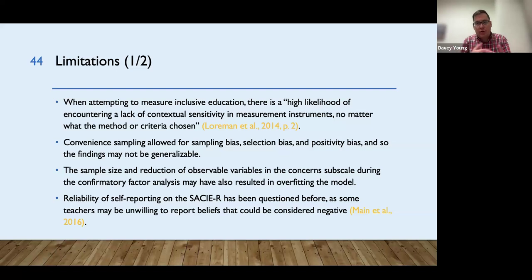So if I'm putting a survey in front of teachers that says, what do you think about people with disabilities, essentially? A lot of people will have a sort of internal filter, even though it's anonymous, they might not answer some of these items really truthfully. They might score themselves up a little bit.